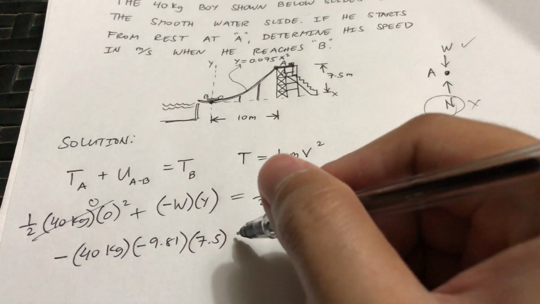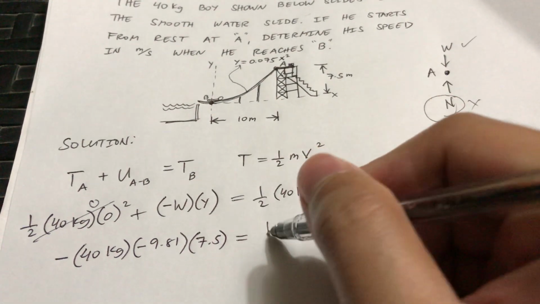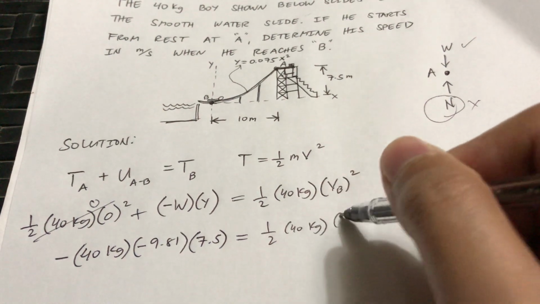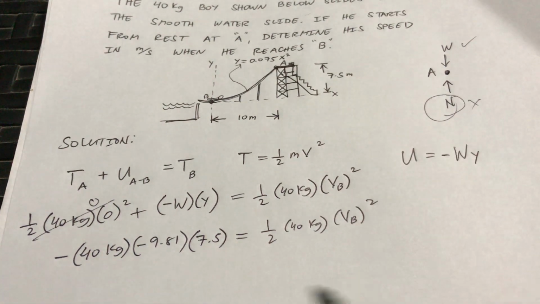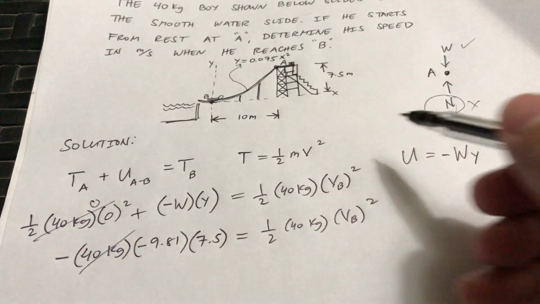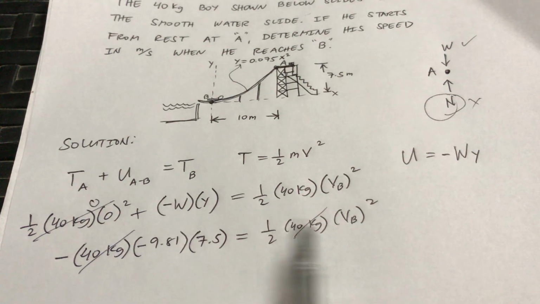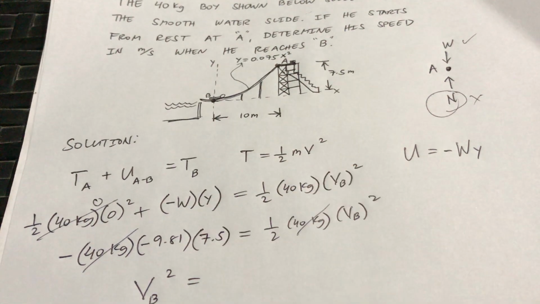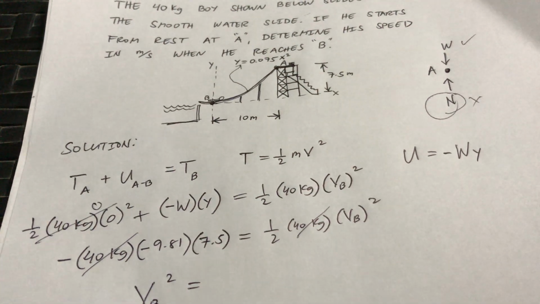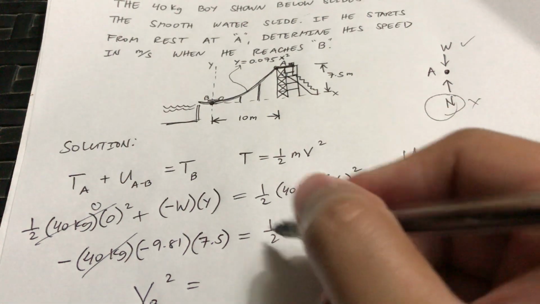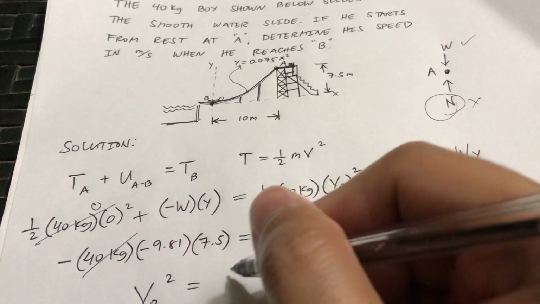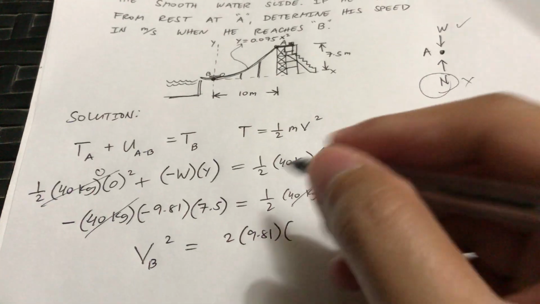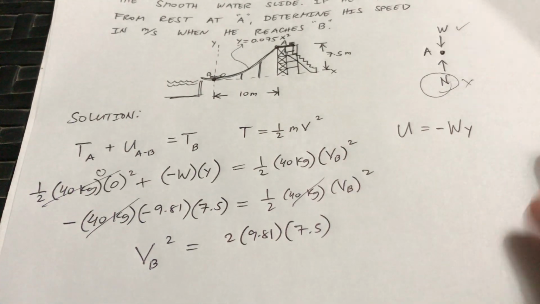So we have 7.5 equals 1/2 times 40 kilograms times the velocity at B squared. So we can cancel out 40 kilograms, which will give us VB squared is equal to 2 times 9.81 times 7.5.